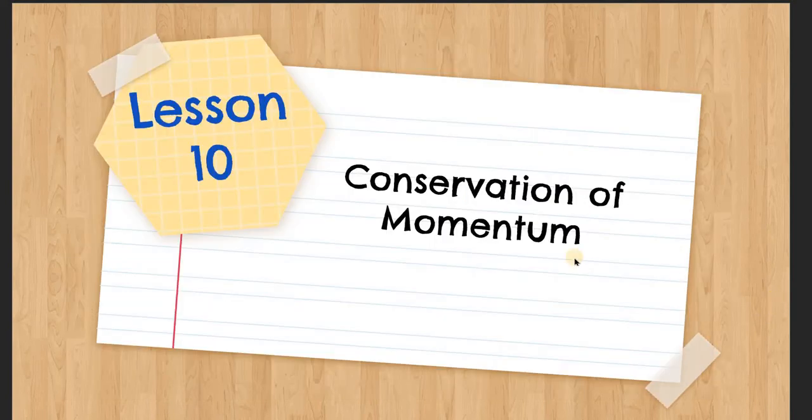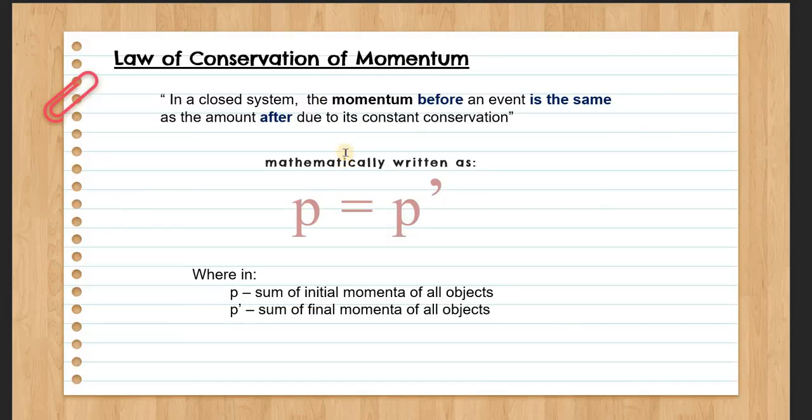Okay, and the last topic is the conservation of momentum. According to the law of conservation of momentum, in a closed system, the momentum before an event is the same as the momentum after due to its constant conservation. And this event, in terms of momentum, is what we call the collision.